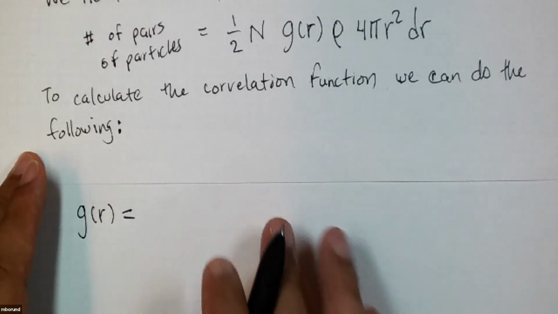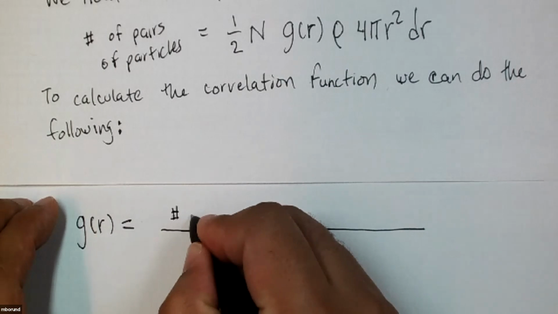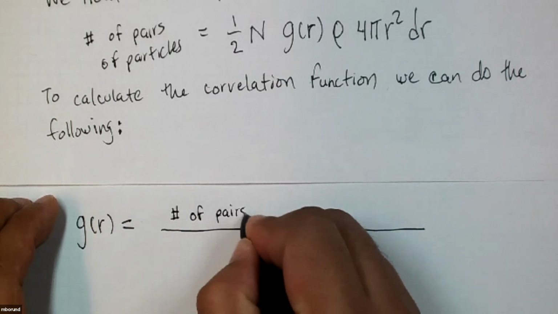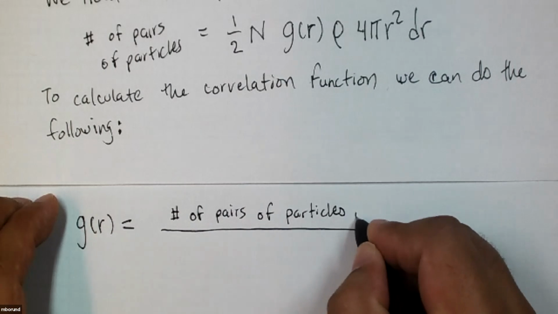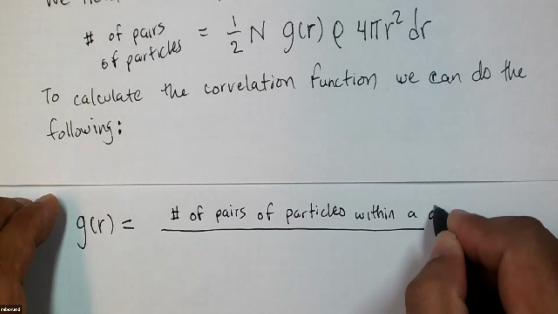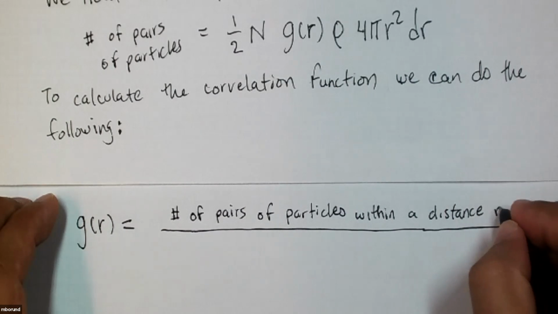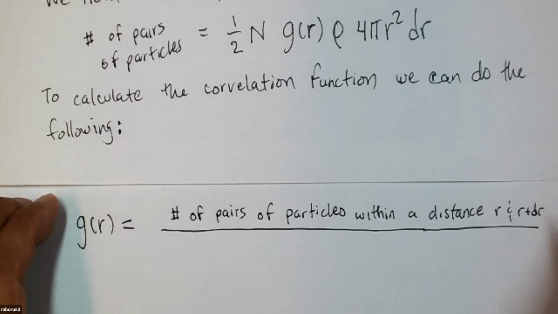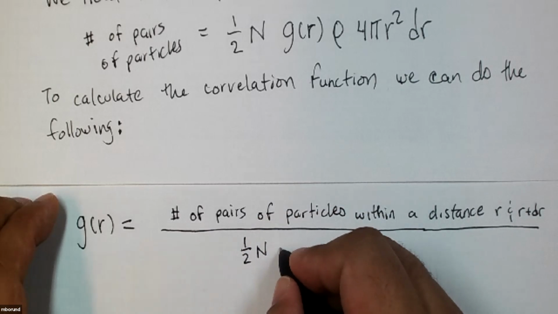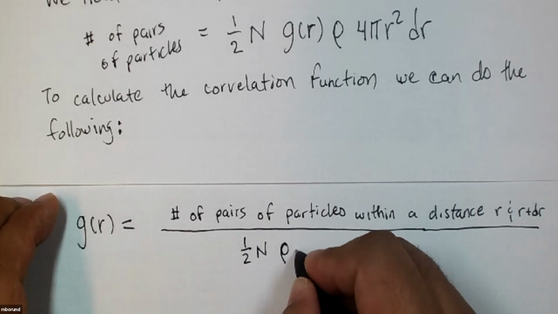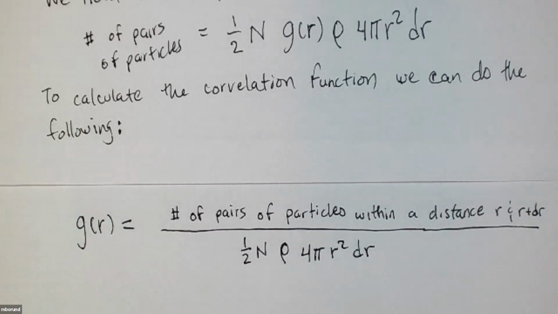We want to look at the number of pairs of particles within a distance R and R plus dr, and divide that by this number, 1/2 n times rho 4 pi r squared dr. So that's our definition.